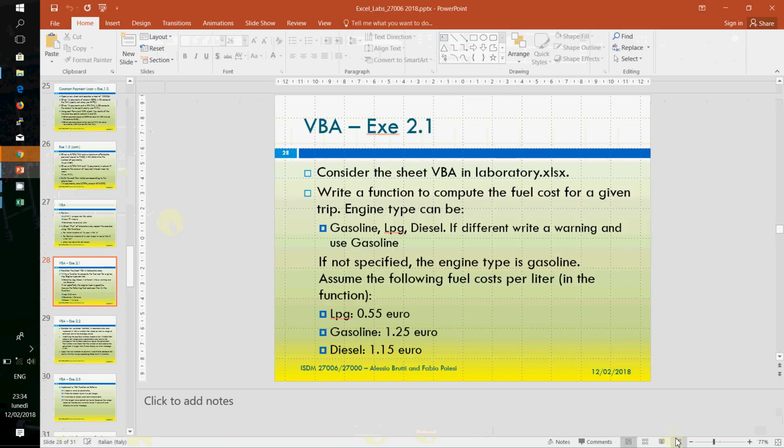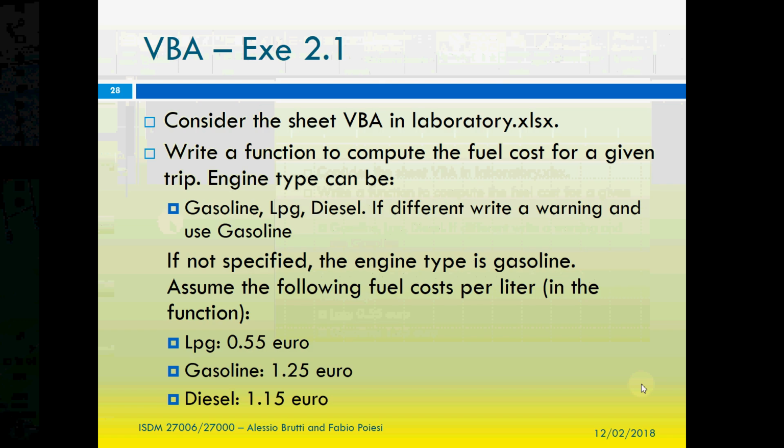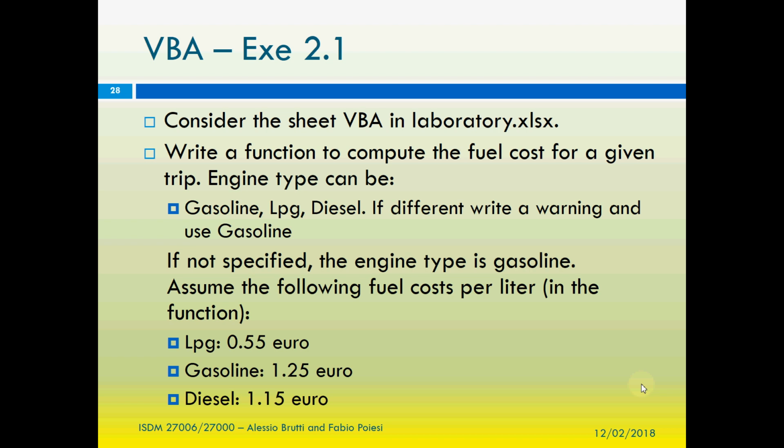So we have to create a function in Visual Basic that computes the fuel cost for a given trip, given your engine type. The engine type can be gasoline, LPG, or diesel. If the engine type provided by the user is something else, then you return a warning and use gasoline. The engine type is not mandatory; it's an optional argument. So if not specified, it is gasoline.